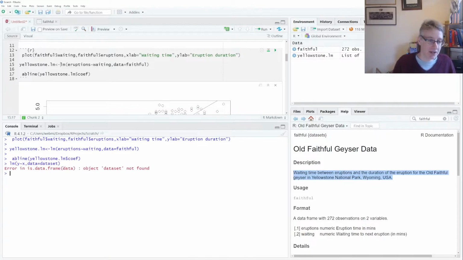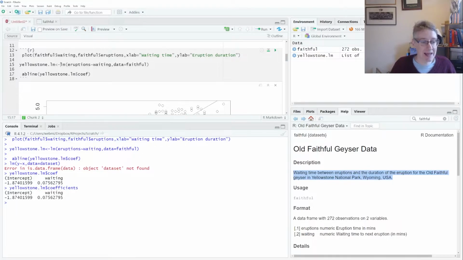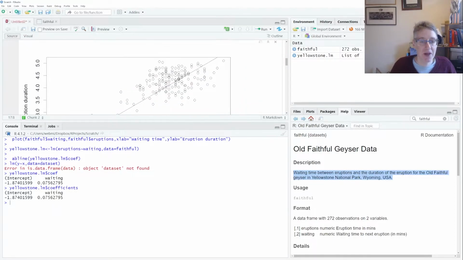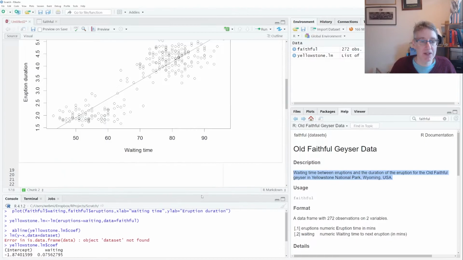Yellowstone.lm$coefficients, or I can type coef or coefficients, it's exactly the same, tells me what the intercept is and what the slope for the waiting time is. So abline is just going to take whatever plot I have open and draw a line with that intercept and that slope. So abline draws this slope here.